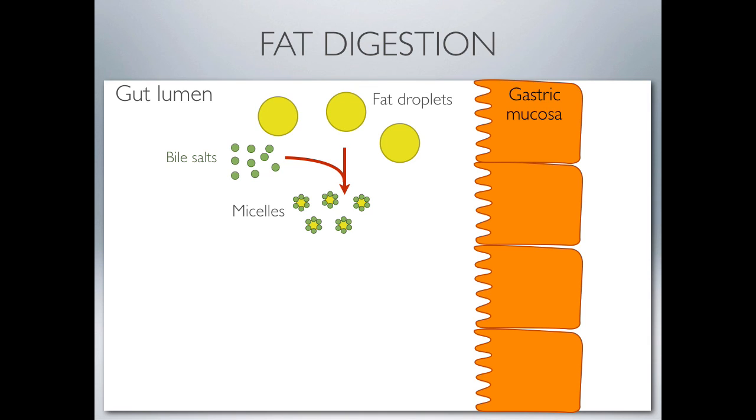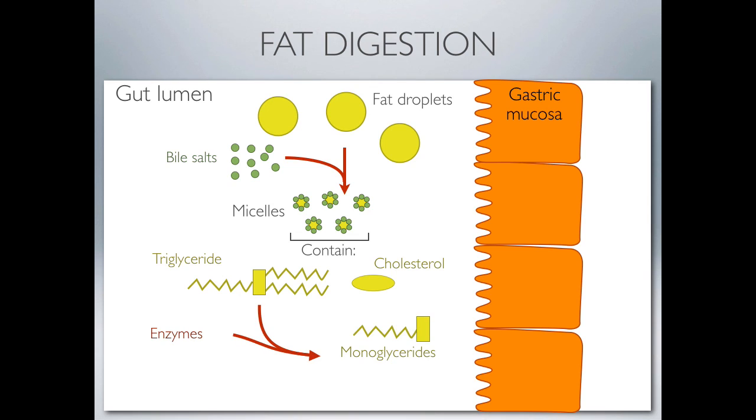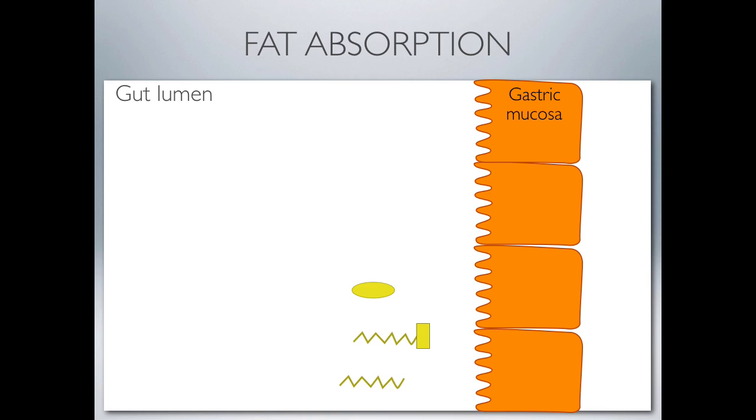And as the large globules are shaken up, then they stabilize these small volumes. And these small volumes contain potentially a variety of fats, including triglycerides and cholesterol. And now is when we have enzymes that act on these molecules to produce even smaller molecules: fatty acids and monoglycerides. So it's in those forms that we have the absorption of fat.